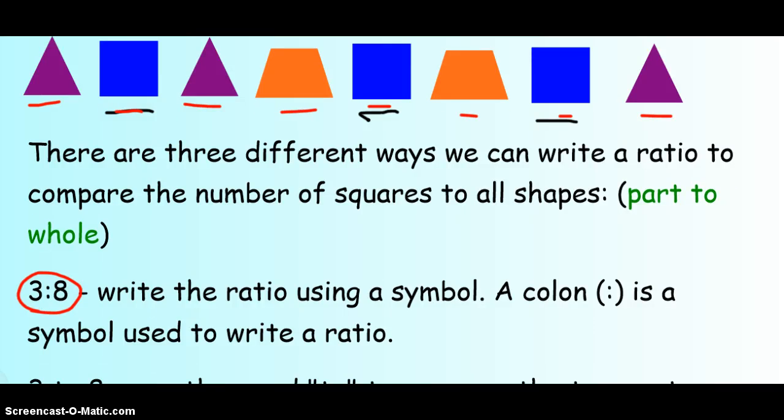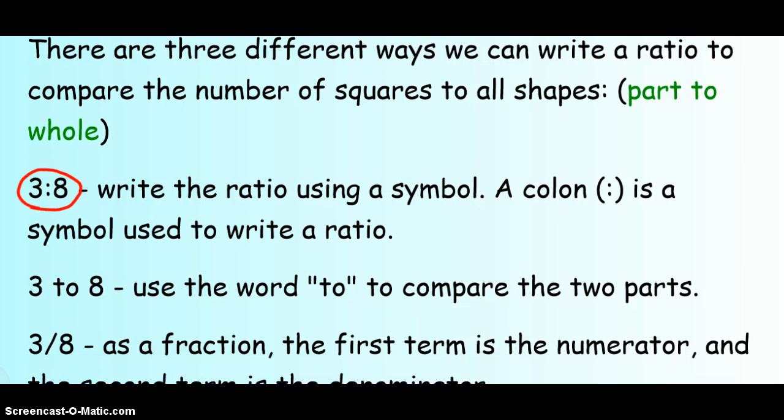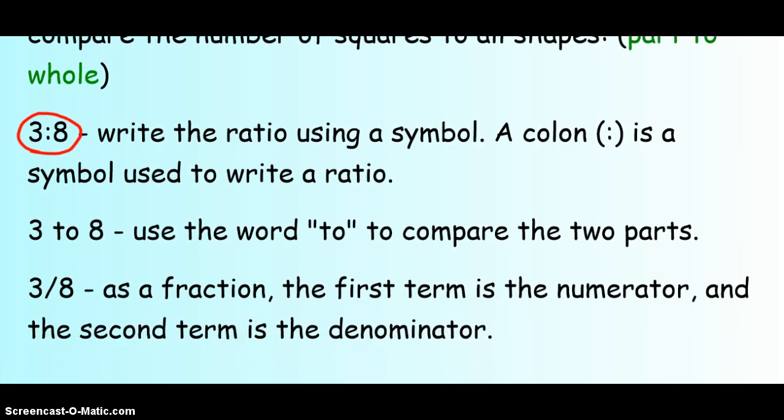So we said our ratio was 3 to 8. We can write our ratio in three different ways. The first way, we can use a symbol. In this first way, we write it as 3:8. A colon is a symbol that we use to write a ratio. The other way we can write a ratio is to use the word "to."